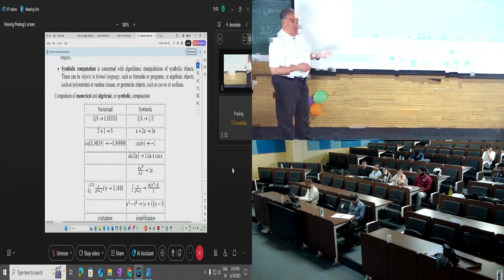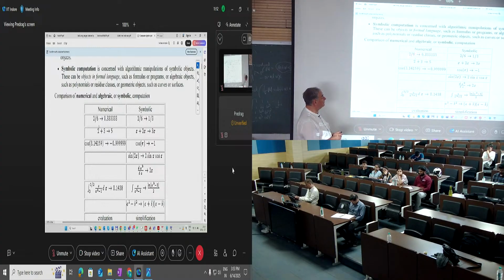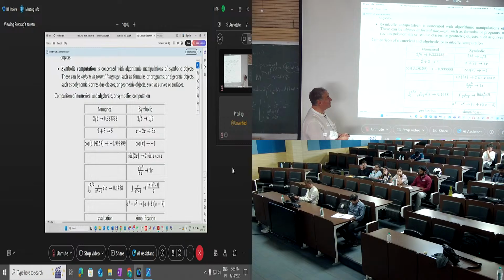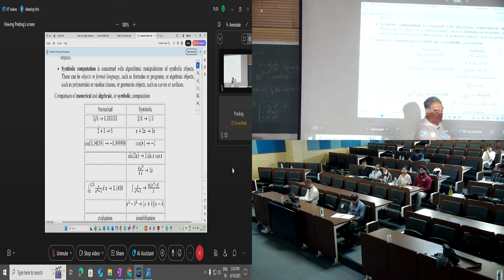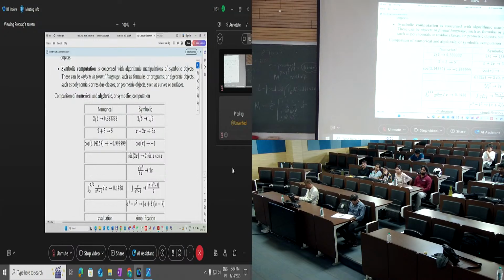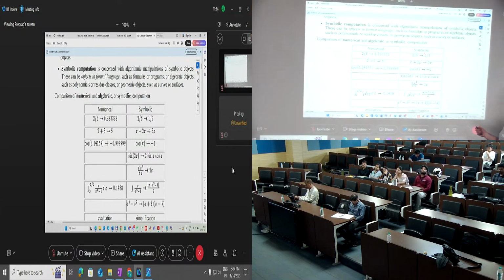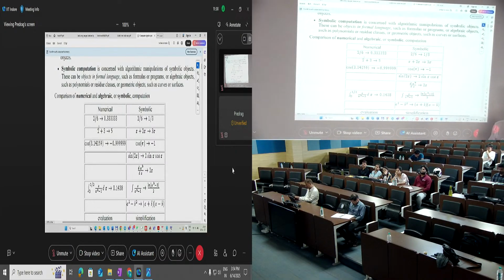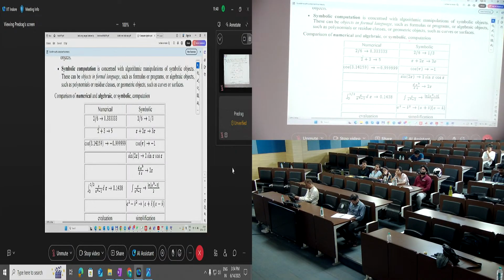The right column has symbolic examples. 2 by 6 is approximately, in numerical calculation, 0.333 and so on. And we lose accuracy immediately, in the first step, because we made an approximation. What can we expect in later calculations? Symbolic calculation will only simplify 2 by 6 to 1 by 3.